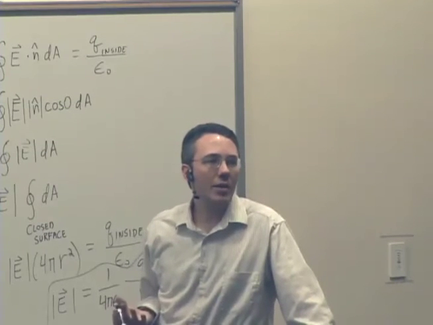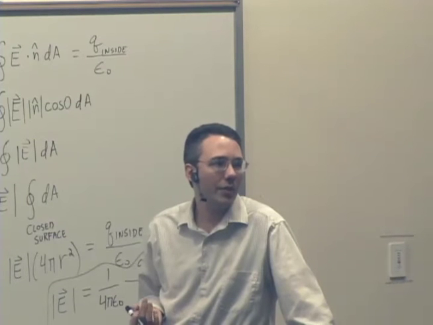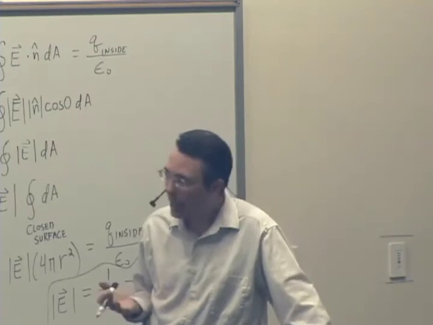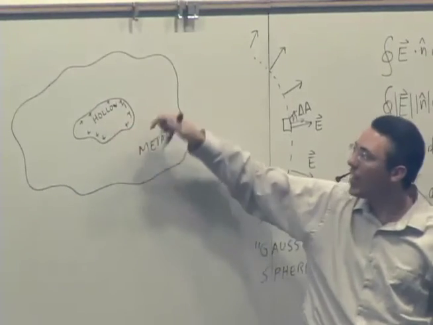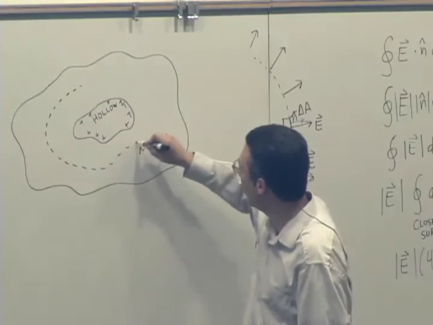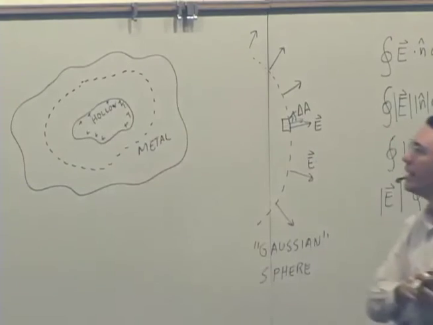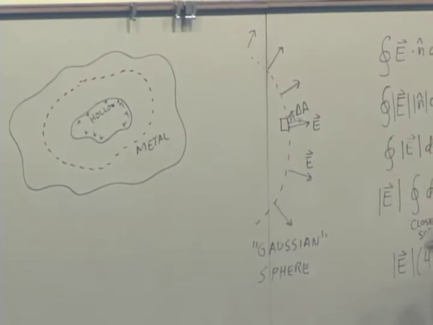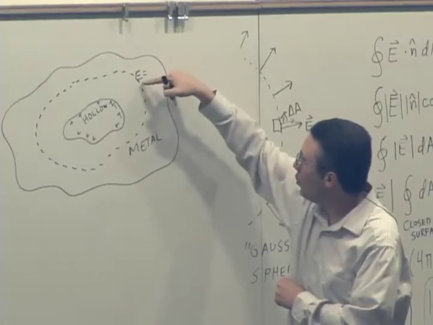We want to use Gauss's law. So what surface do I want to pick? The Gaussian surface where? Inside the metal, right? We want the surface to be in the interior of the metal, but outside of the hollow hole inside the metal. And again, the electric field is equal to what in the metal?